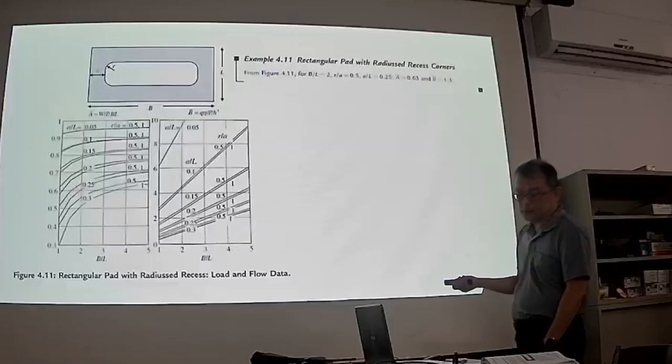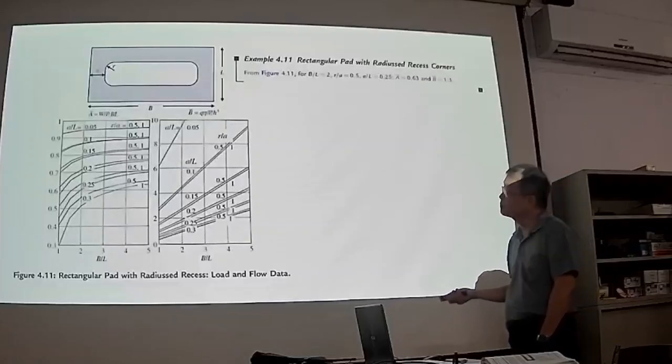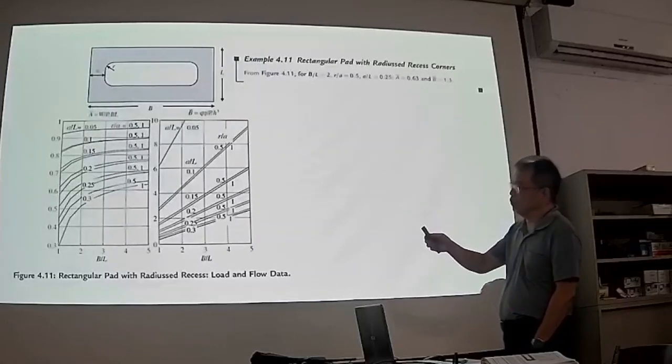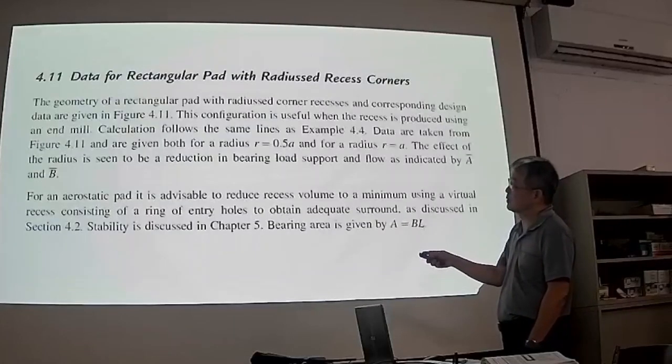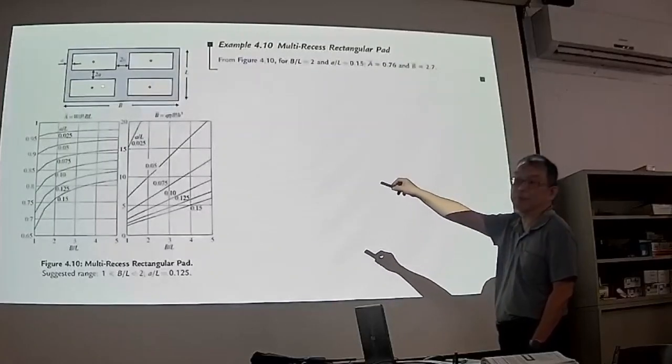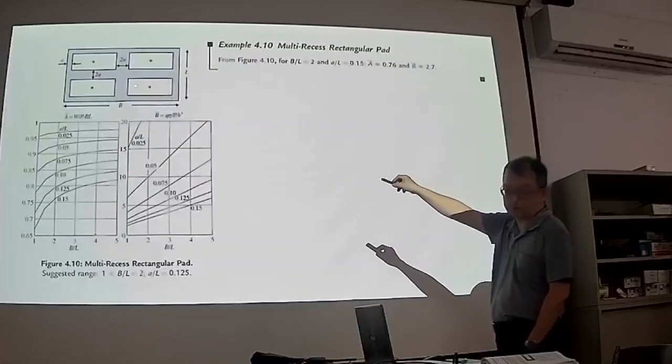And this is another case. Before, we always discussed recesses with a rectangular shape, so the corner is 90 degrees.